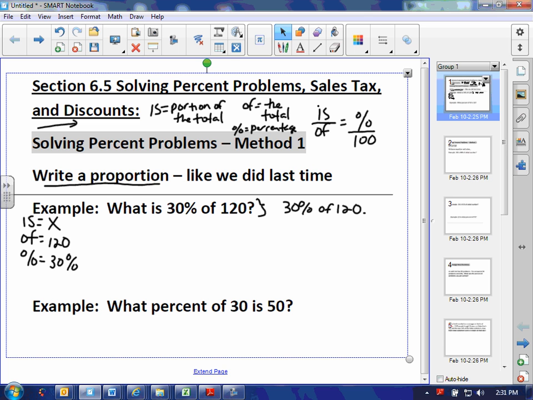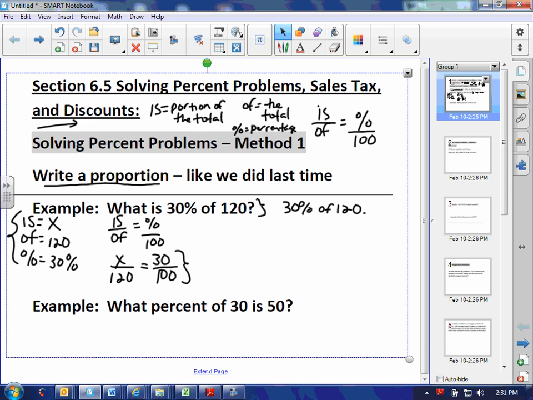Now, when we plug into the proportion, we're replacing is over of equals percent over 100 with what I've taken from the question. So my is was x, my of was 120, my percent was 30. When we use the proportion method, we write the percentage as the whole number, 30 over 100.